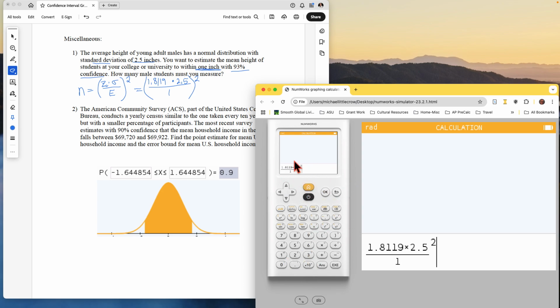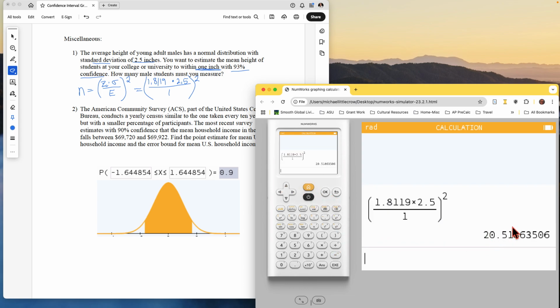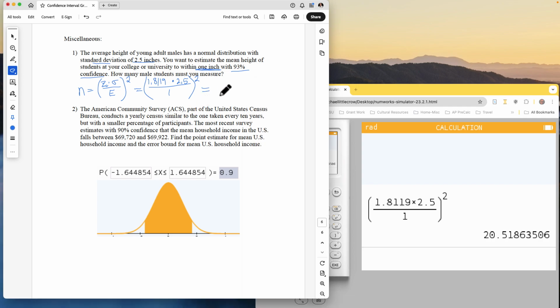We can do x squared. It's going to square the whole thing, and we get that we need 21. I'll just put this in as 21 people. That's the number we're going to need to keep that margin of error down to 1 inch.